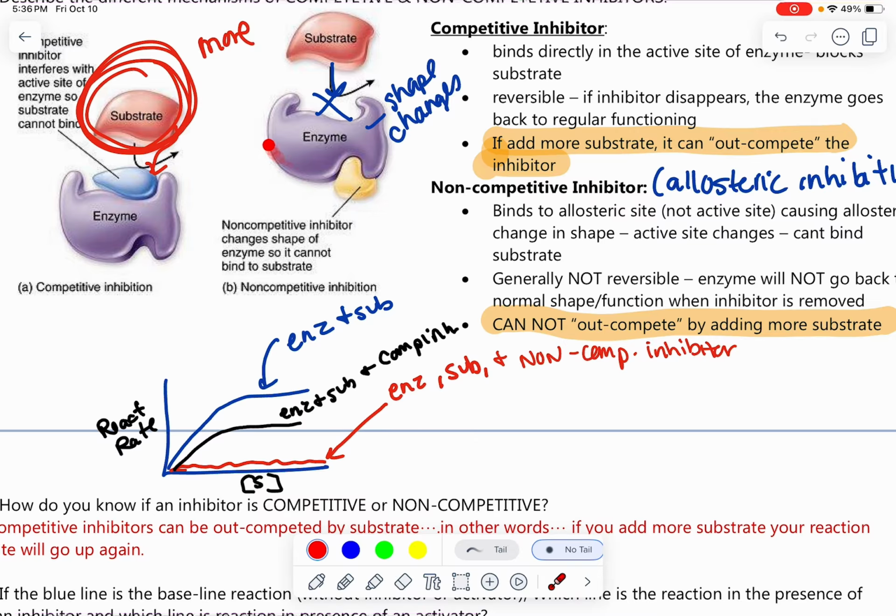If the inhibitor is non-competitive and it's changed the shape of all the enzymes in the tube, I can add as much substrate as I want. I'm still not getting any reaction, and so graphing it would just look like a straight line. Okay, so that's enzyme with substrate and a competitive inhibitor, enzyme with a substrate and a non-competitive inhibitor.